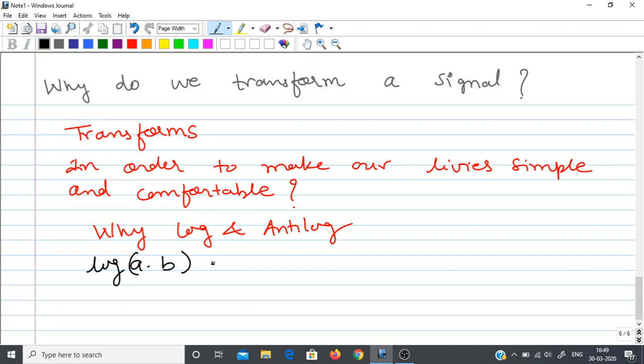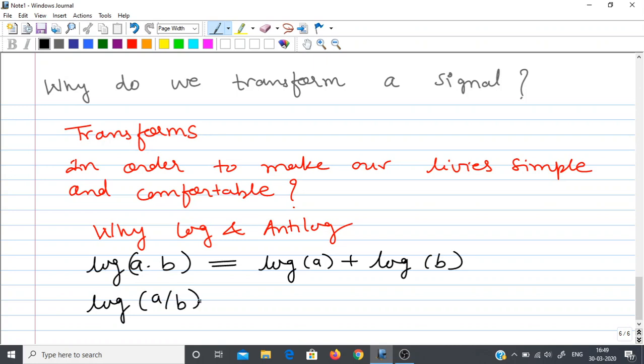And this log transforms into log of A plus log of B. So the multiplication has been transformed into addition. Similarly, if there is a division of two numbers, then there would be subtraction: log of A minus log of B. Now the base could be anything. It could be e or it could be 10.